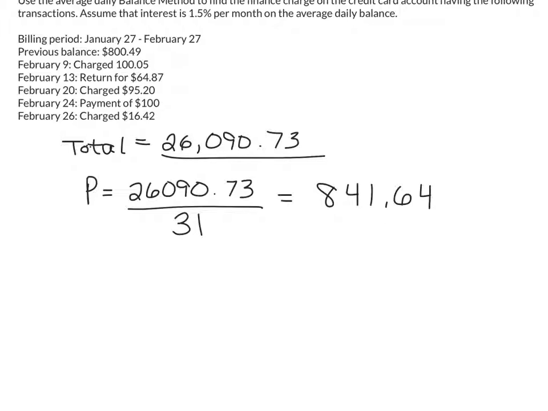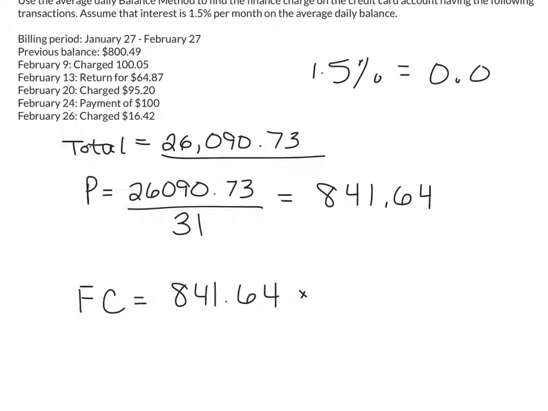Then our last step is to find the finance charge. And the finance charge we're going to write as FC, just for shorthand, is found by taking the average daily balance, which is $841.64, and then multiplying it by the monthly interest rate. And our problem tells us that the monthly interest rate is 1.5%. 1.5% written as a decimal is 0.015.